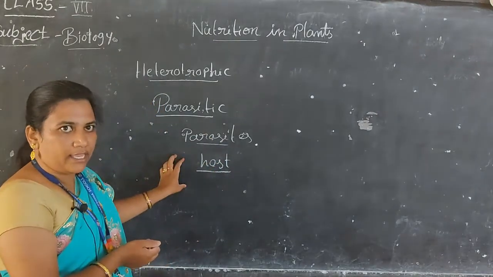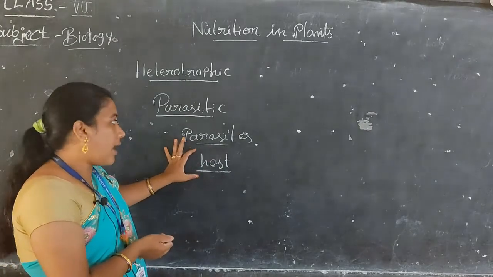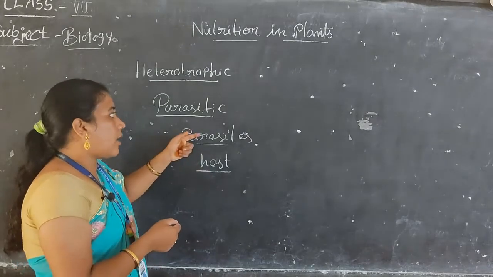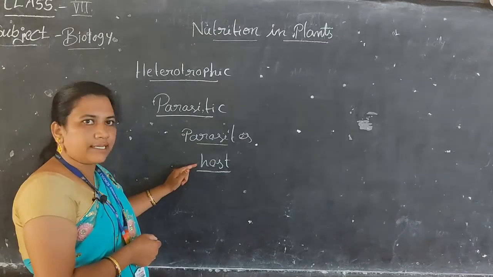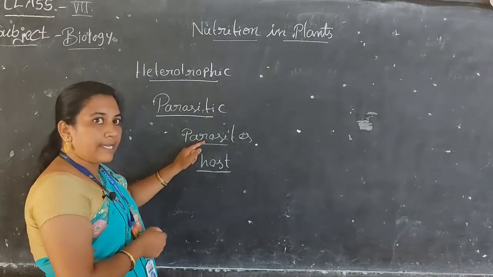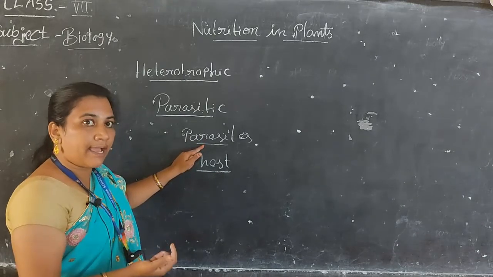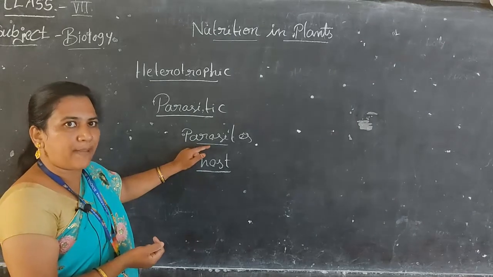Get a clear idea here. What does host mean? Host means the organism from which another organism takes the nutrients. A parasite is the organism which takes or derives nutrients from another organism.